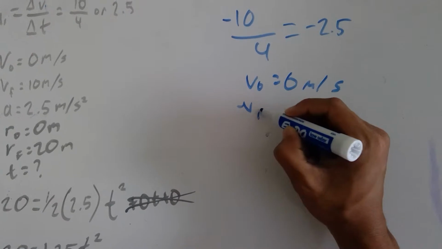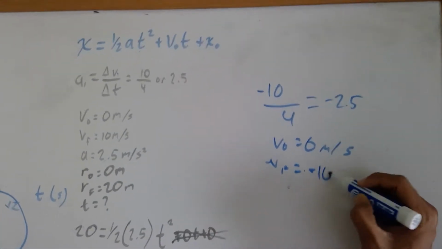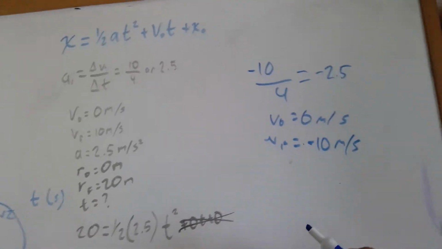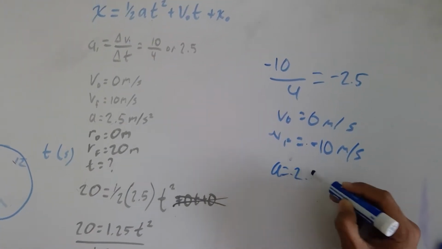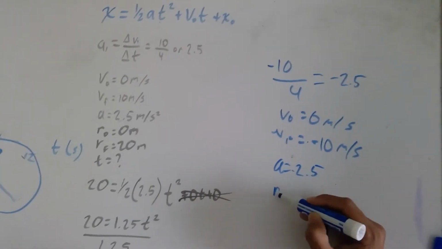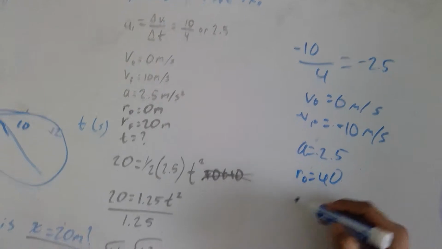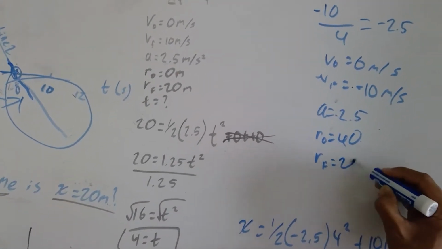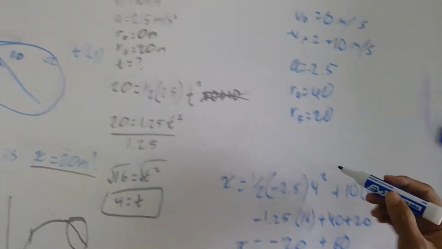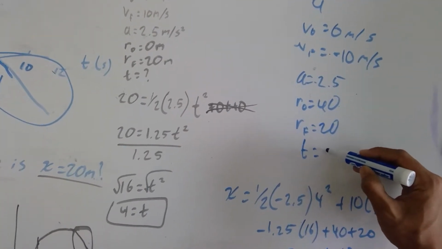The final velocity is equal to -10 meters per second. The acceleration is equal to -2.5. The initial position is equal to 40. The final position we want to be 20. And the time is the unknown part.